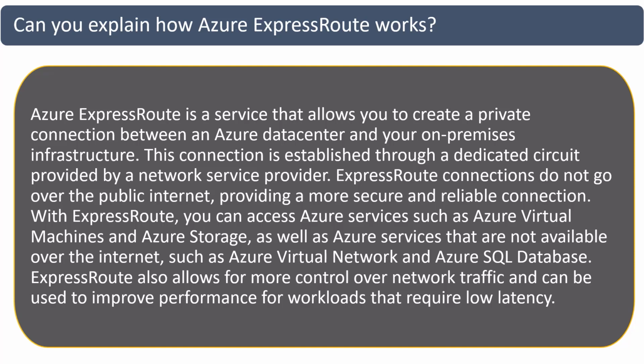With ExpressRoute, you can access Azure services such as Azure Virtual Machines and Azure Storage, as well as Azure services that are not available over the Internet, such as Azure Virtual Network and Azure SQL Database. ExpressRoute also allows for more control over network traffic and can be used to improve performance for workloads that require low latency.